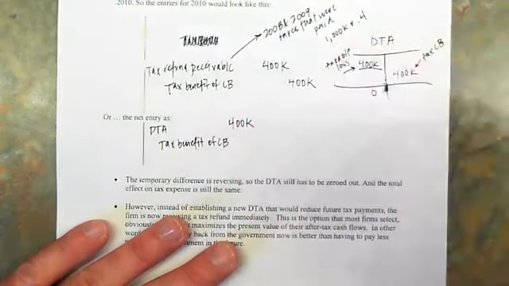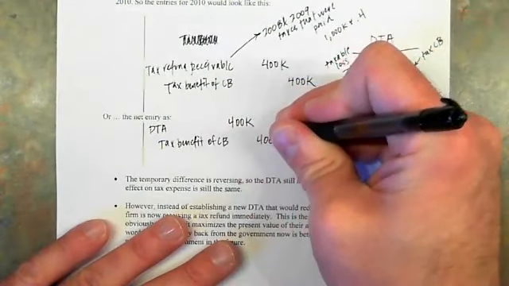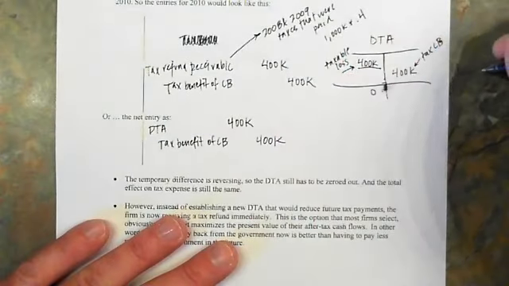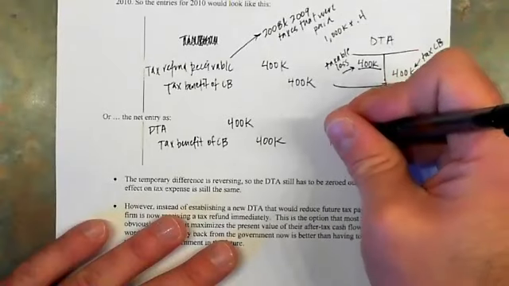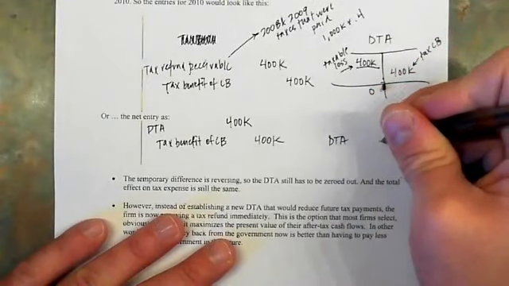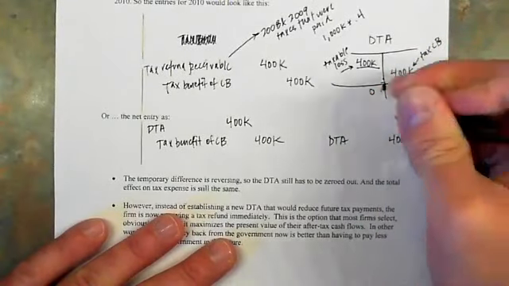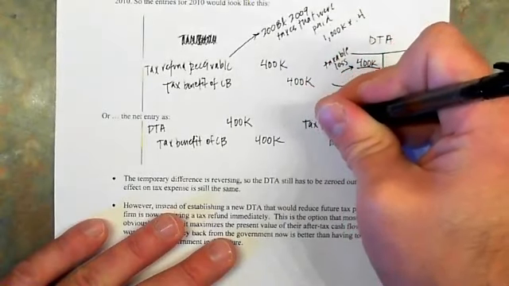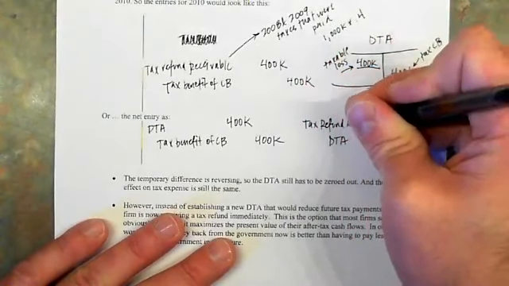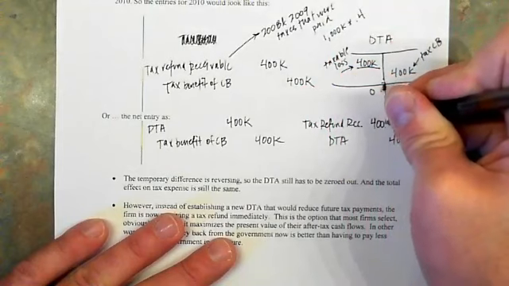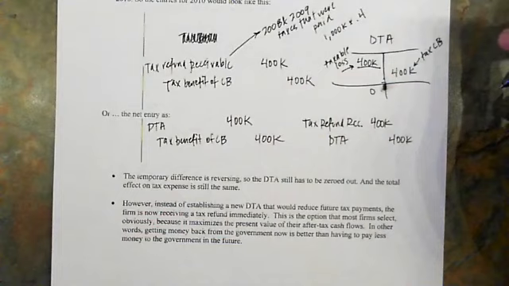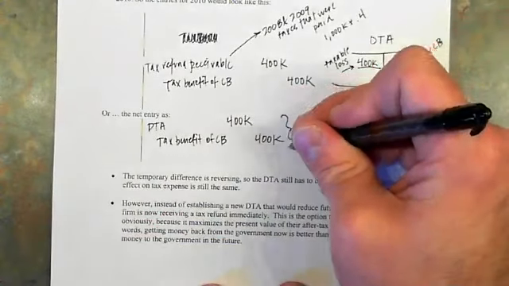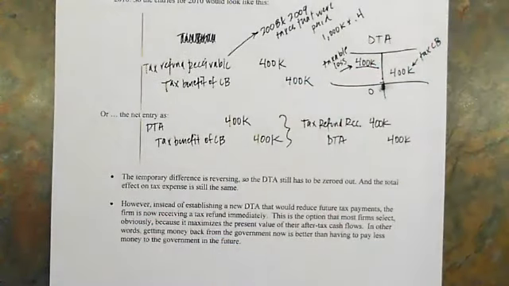We create the DTA, we have a tax benefit of a carryback, and then we extinguish the DTA, and then we create our tax refund receivable. Right. So that's essentially how it would have happened. Anyway, look at that, see how it works, and we will work problems in class on Monday.